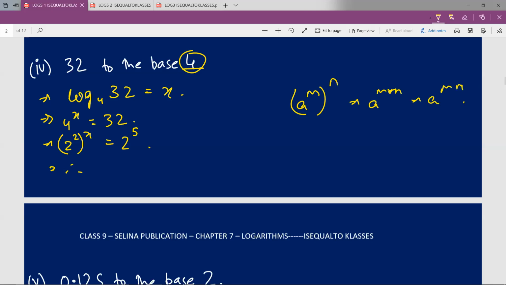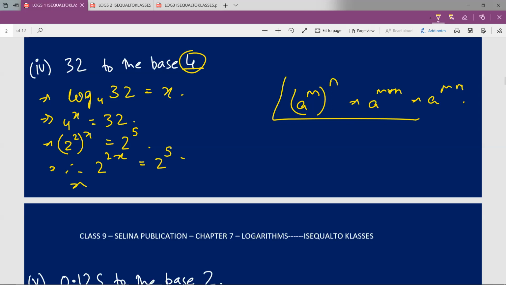So I'll be using precisely the same method in this equation here. I could write the 2 raised to the power 2, outside there is one more exponent, as 2 raised to the power 2x is equal to 2 raised to the power 5. Now again, the bases are same in the LHS and the RHS.